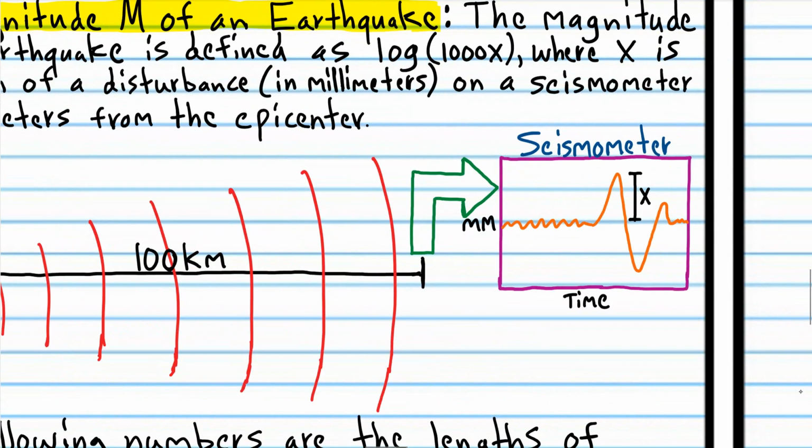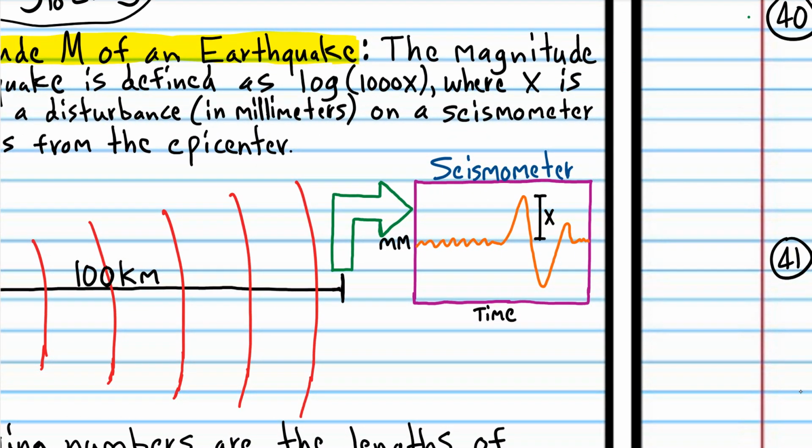And a seismometer is a sheet of paper that goes around on some sort of spindle, and it draws on that spindle, and if there's an earthquake, there's a disturbance on the seismometer, and I'm sure you've probably seen that on science education programs and whatnot.